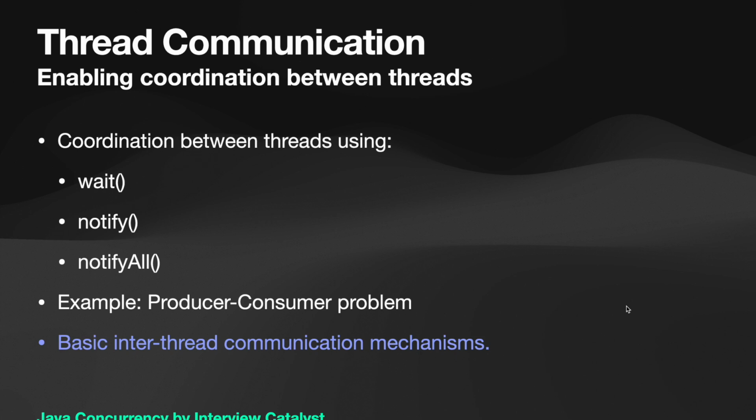Apart from that, we will also use an object of the Condition class on the lock object, and we can use the equivalent methods of wait and notify, like await and signal, to awaken the other threads.